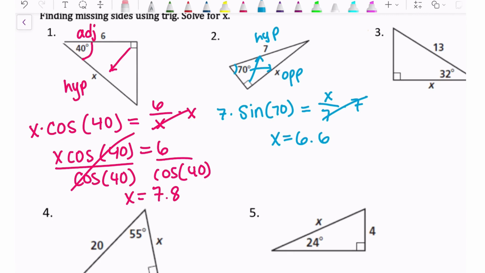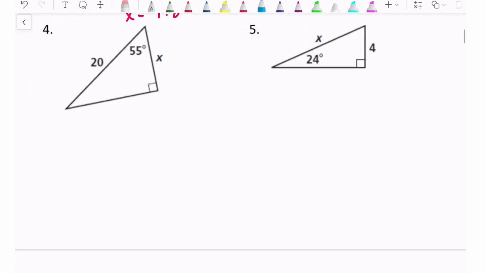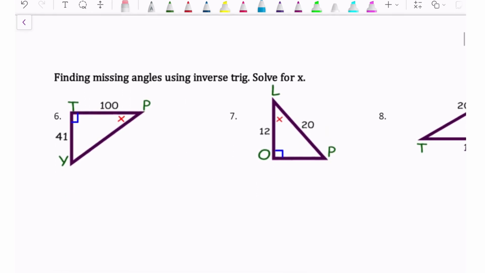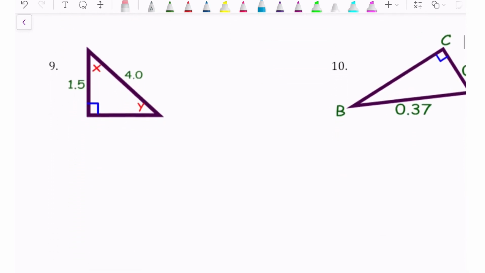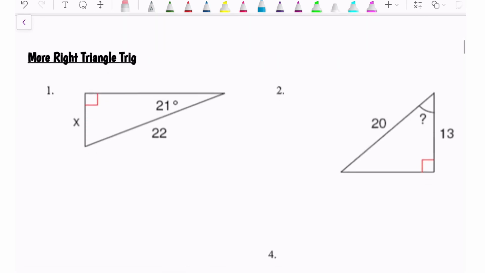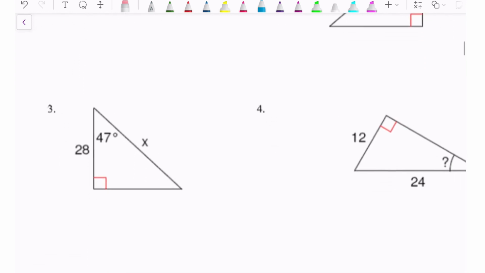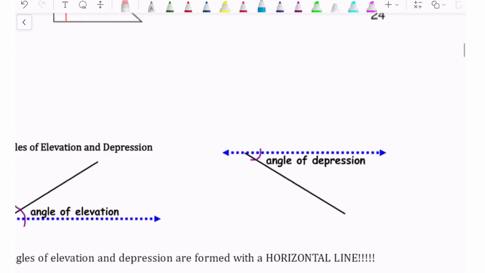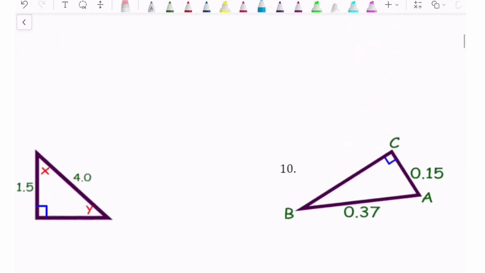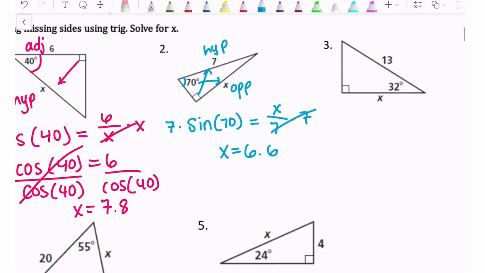All right. None of these are tangent. Let me find one. These are missing angles. I'm just going to fix one of these so that we have a good example for tangent.